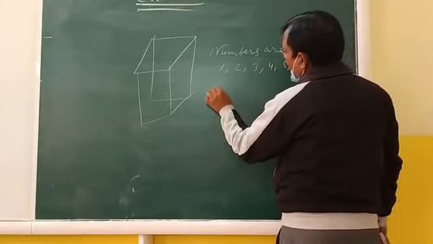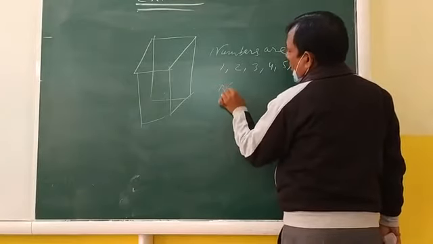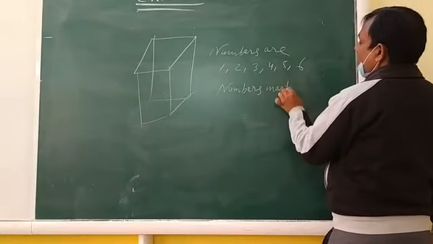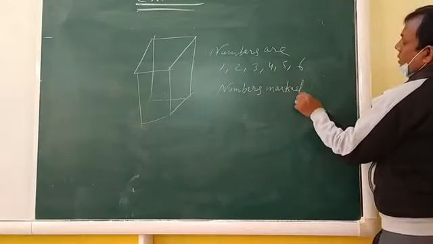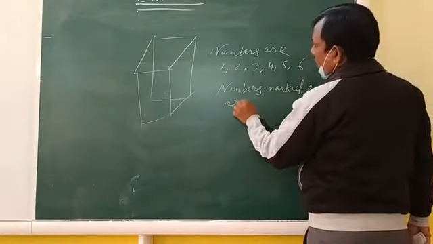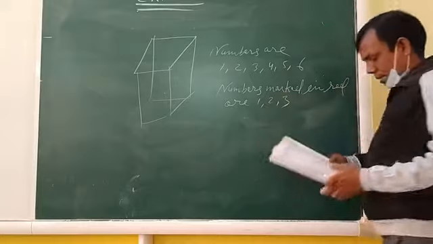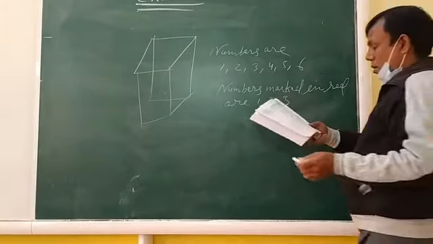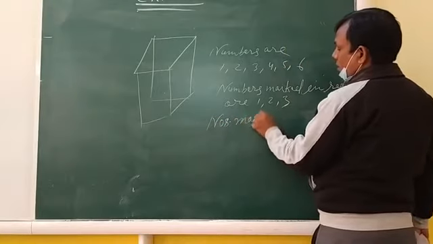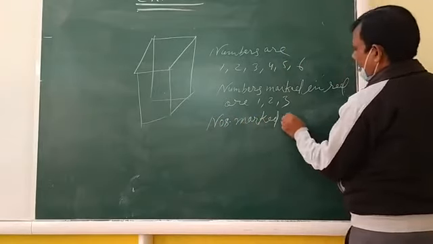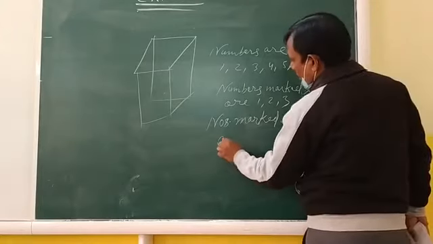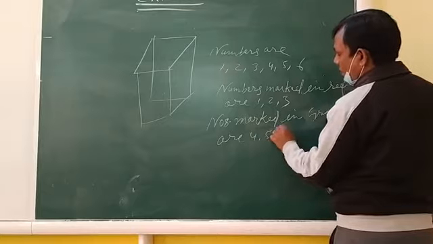So numbers marked in red are 1, 2, 3, right? Numbers marked in green are 4, 5, 6.